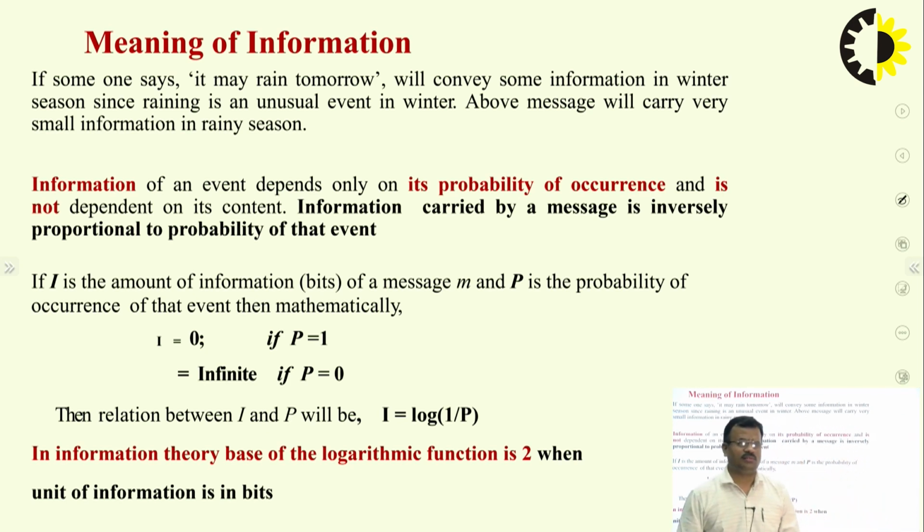We know in rainy season rain will be there. So, information means whose probability is less. Usual, normalized, generalized, routine things carry no information. So, information of any event depends upon the probability of that event occurring, and it is inversely proportional.